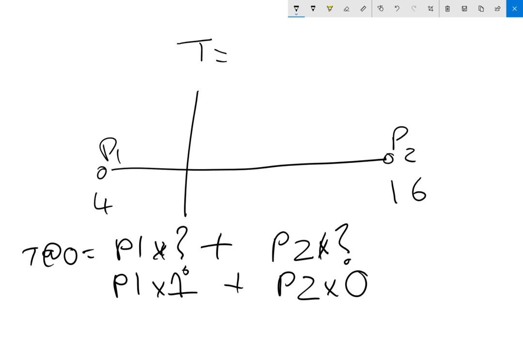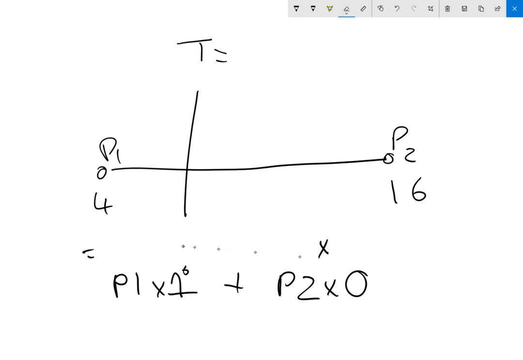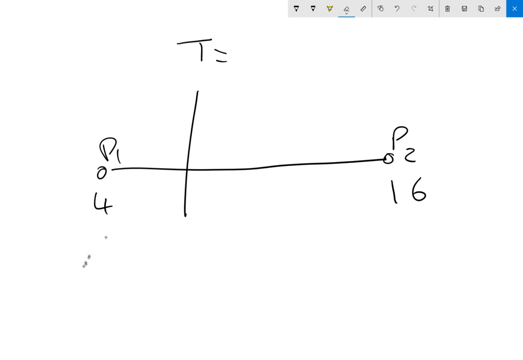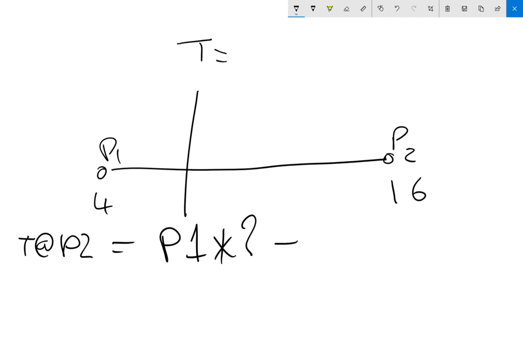Okay, now I need to make it work for another case. So let's say that t at P2 is equal to some form of P1 times something plus P2 times something. And this is t at P2.